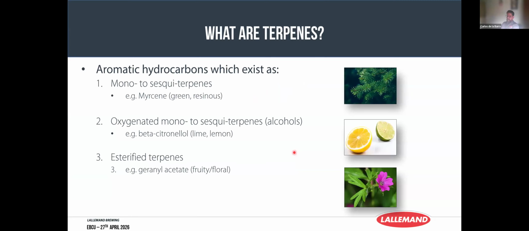These are aromatic hydrocarbons, and there's a wide variety of aromas that can come from these terpenes, be it green or piney notes. It can be citrus, but it can also be floral notes. Like I mentioned at the beginning, these are not only of interest for brewing, but for a whole lot of other industries.